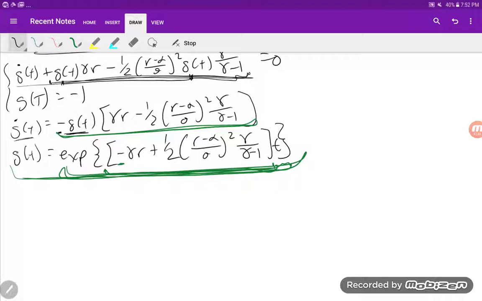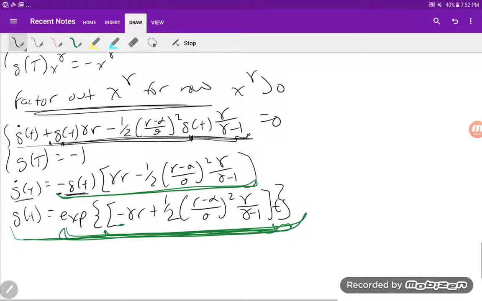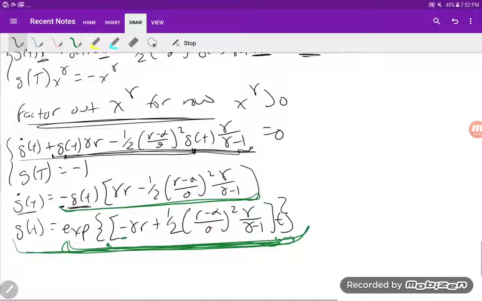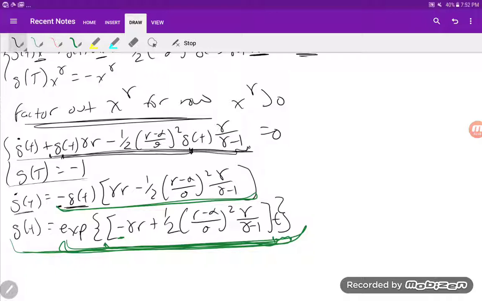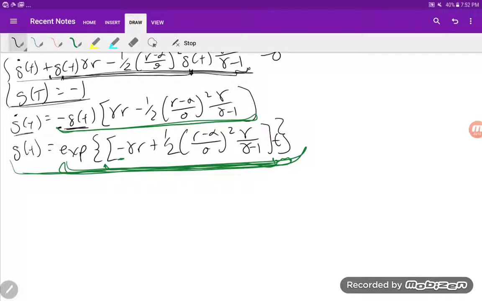What can we do here? Yes, our conditions. Note, it's a little weird here. We have a terminal condition rather than an initial condition, so we've got to kind of flip time.